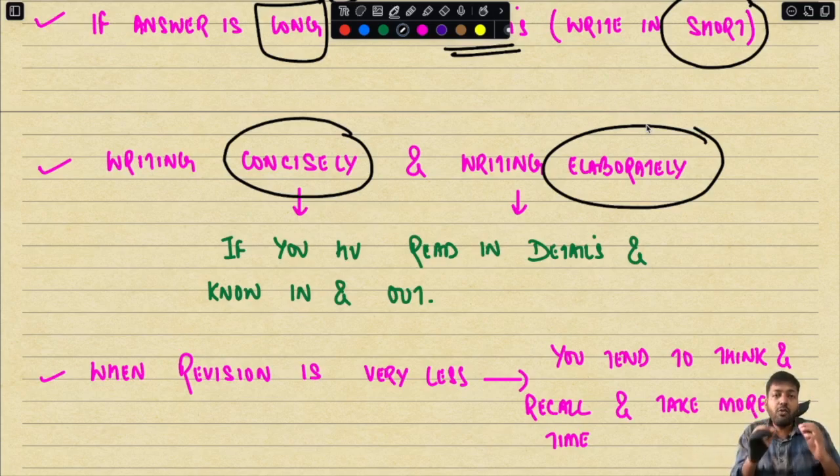Only when you have read a certain thing a certain number of times can you manipulate that information as well. You can make something very short in a very small period of time, or you can also elaborate those things. But if you have read only once or twice, even 2 times reading is not enough.